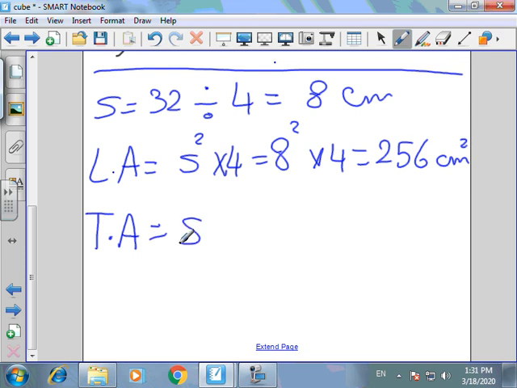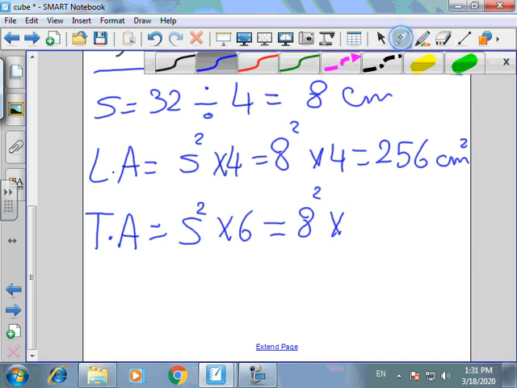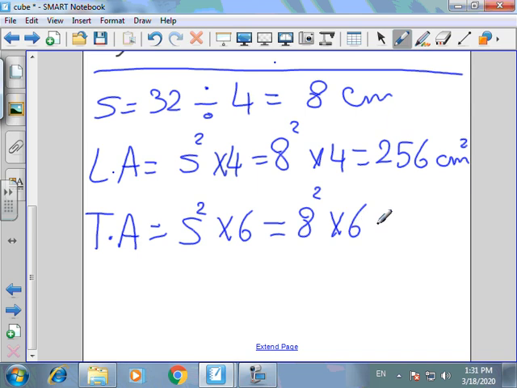Yes, S squared times 6, because there are 6 faces in the cube. 8 squared times 4, sorry, times 6, excuse me, times 6 equals 384 centimeters squared.